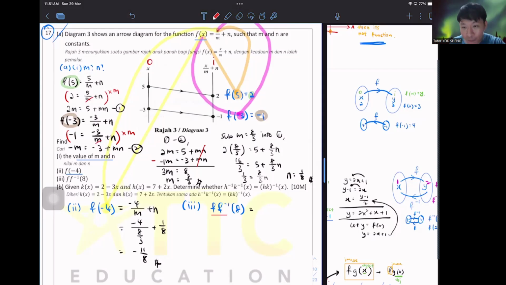So if the composite function is a function with its inverse like this, f f negative 1, what you can do as a shortcut here is cancel.